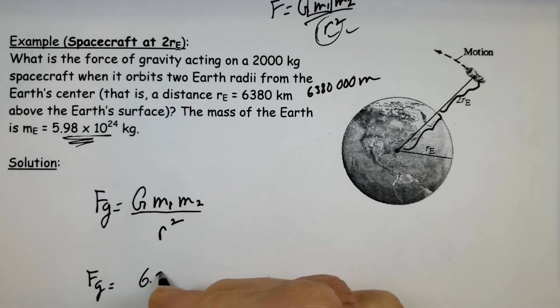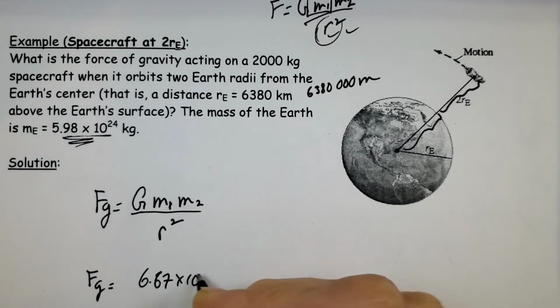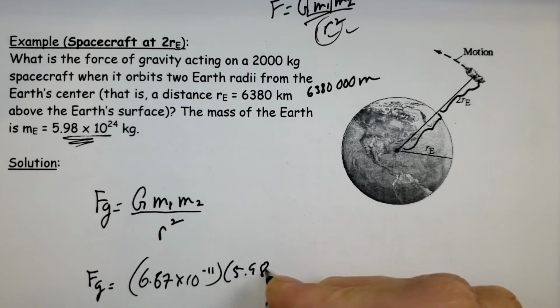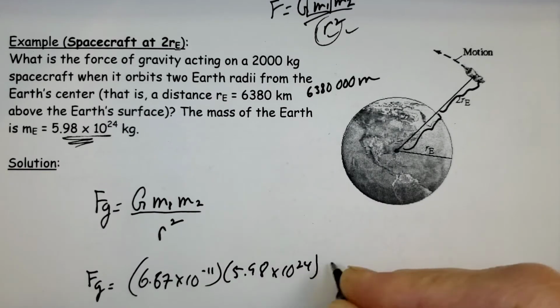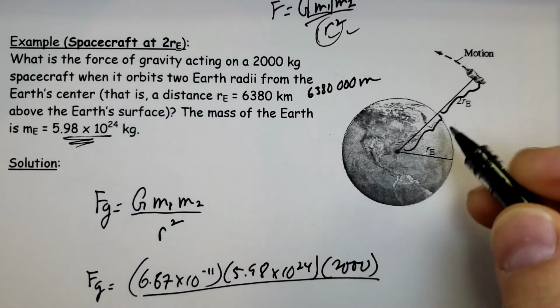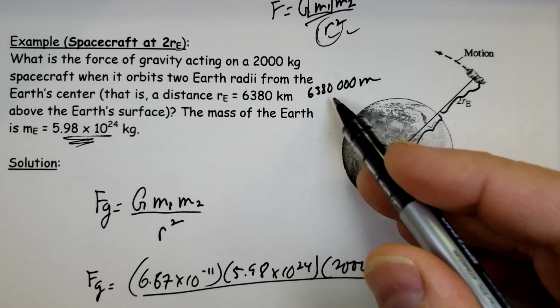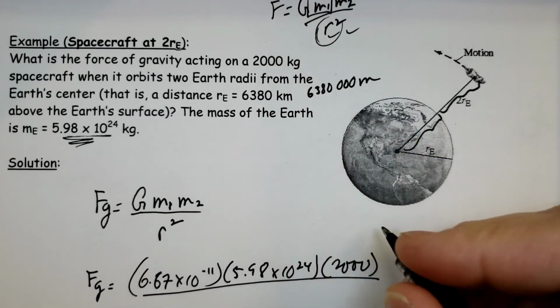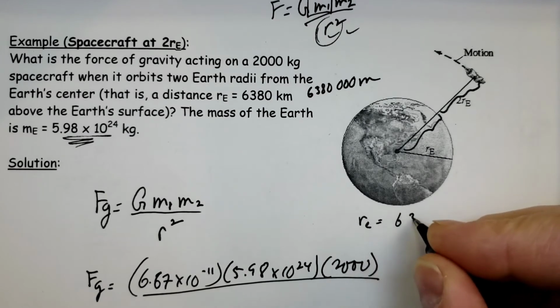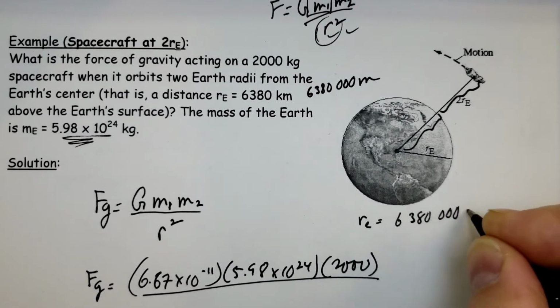So big G, 6.67 times 10 to the minus 11, mass of Earth, mass of spaceship, and the radius of separation. Now, we have to figure this out, right? Because the radius of the Earth is 6,380,000 meters.